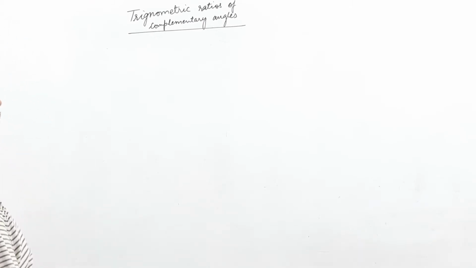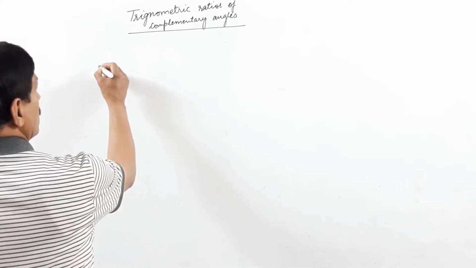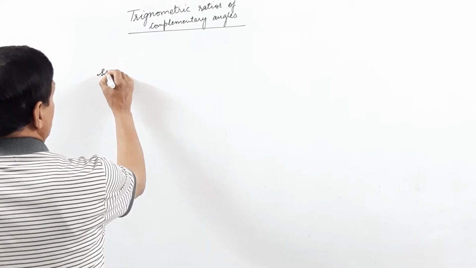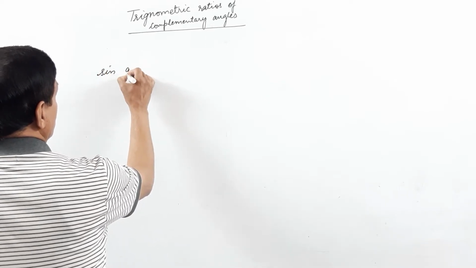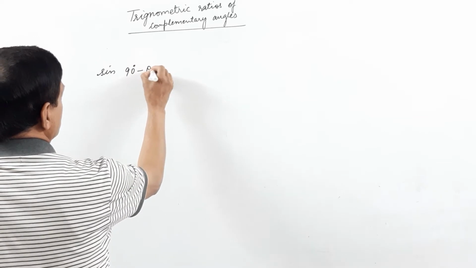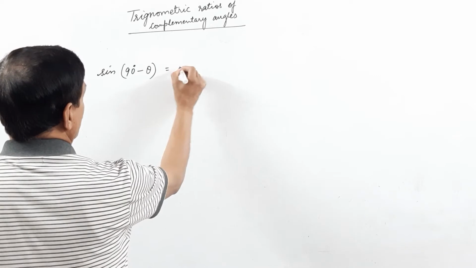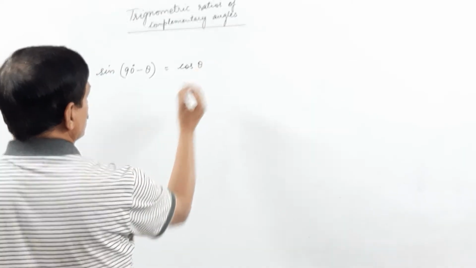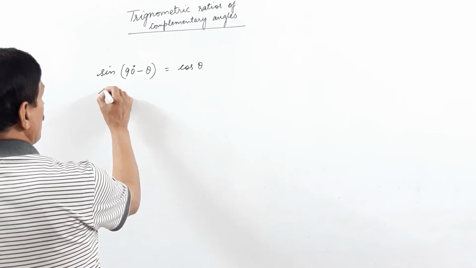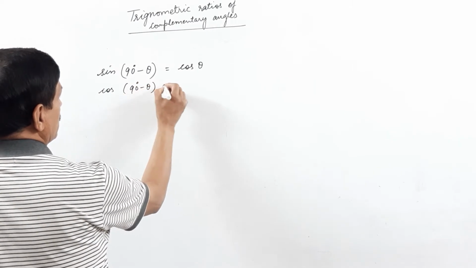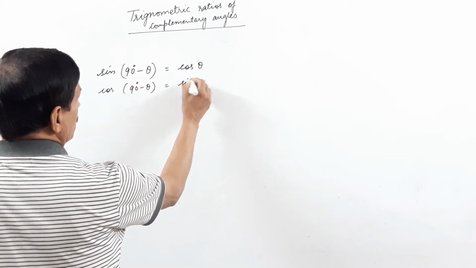Now we discuss the trigonometric ratios of complementary angles. The theorem: sin(90 degrees minus theta), theta being an acute angle, is equal to cos theta. Cos(90 minus theta) is equal to sin theta.